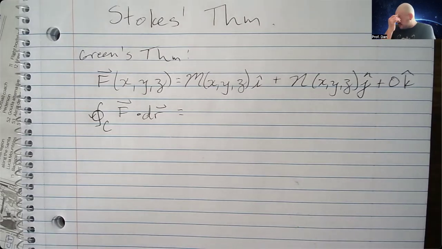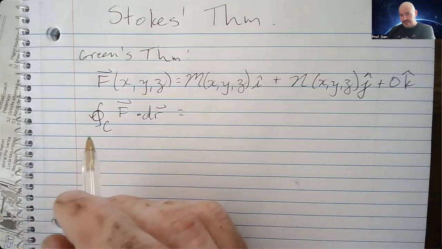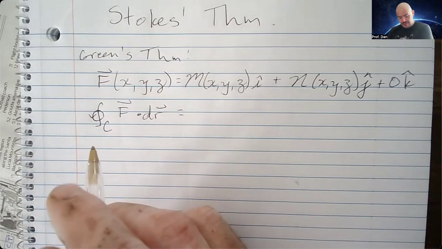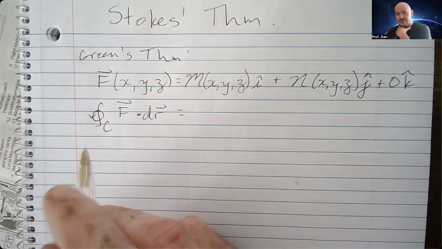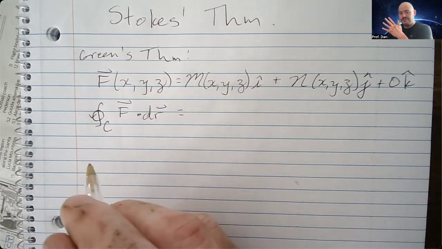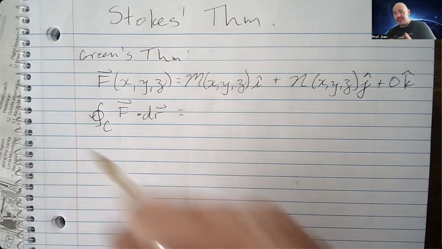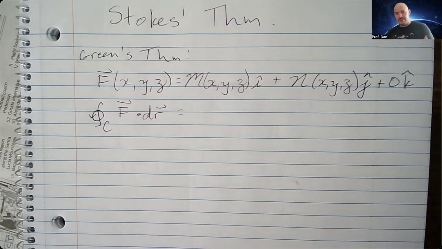With Stokes's theorem, it's a similar story, except we're not looking at a surface integral to begin with. We're still looking at a line integral, still going around a certain path, but that path is now just the edge of a three-dimensional solid.